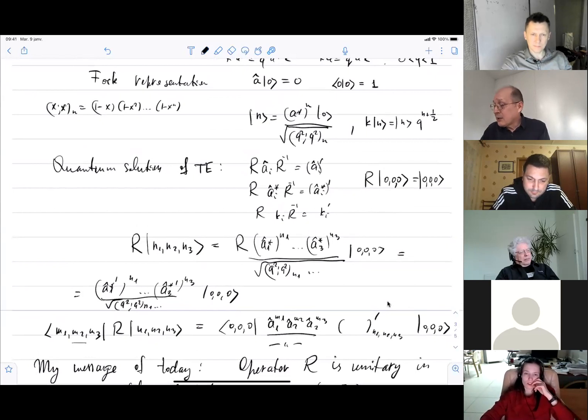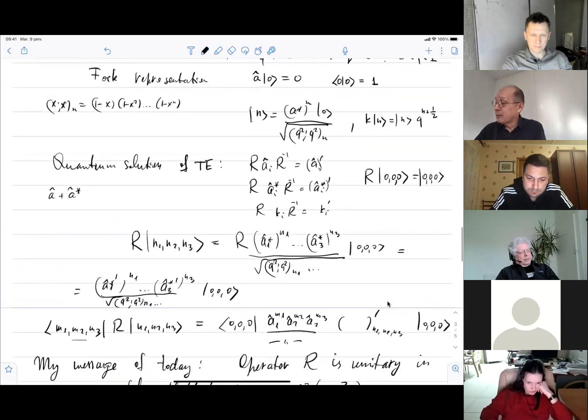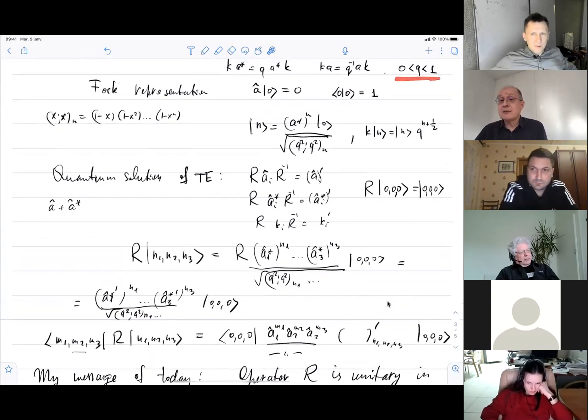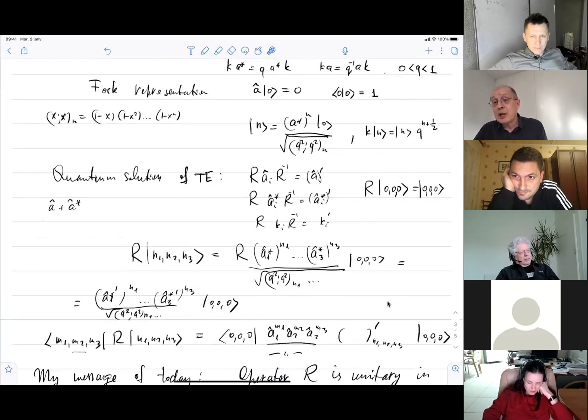But then you can ask, how about this operator? Is it self-adjoint? The answer is quite unexpected. It is self-adjoint when Q is inside the unit interval. But if Q is outside the unit interval, like Q bigger than 1, then it is not self-adjoint.